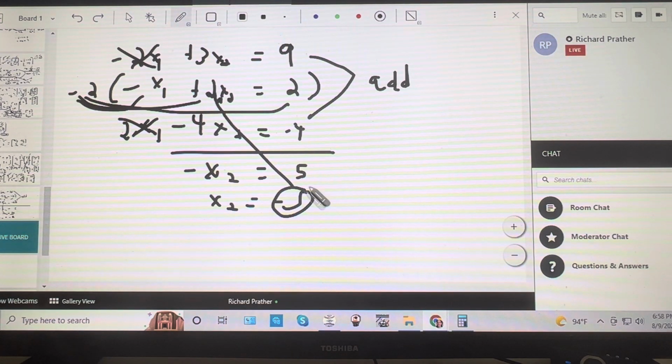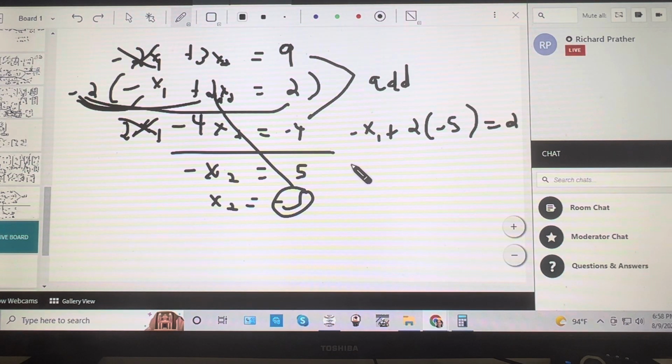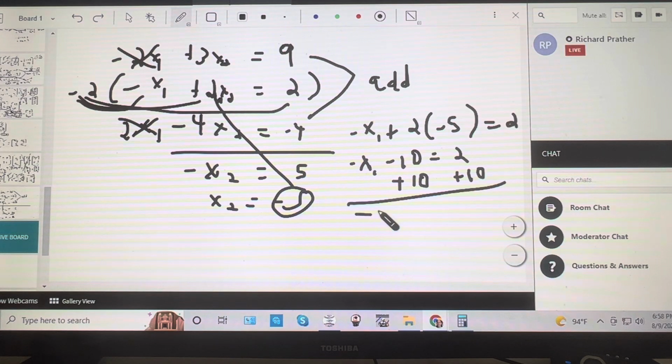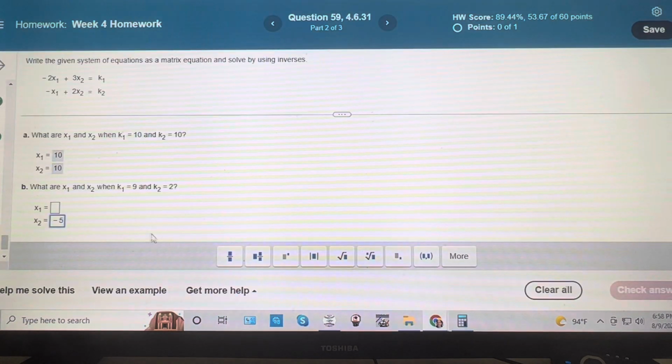So -x1 plus 2 times -5, that'll equal 2. So -x1 minus 10 equals 2. Add 10. -x1 is 12. So positive x1 is -12. So this time we got completely different answers.